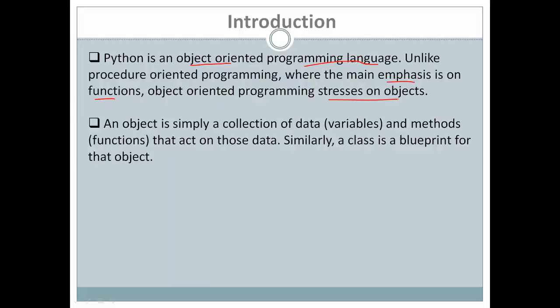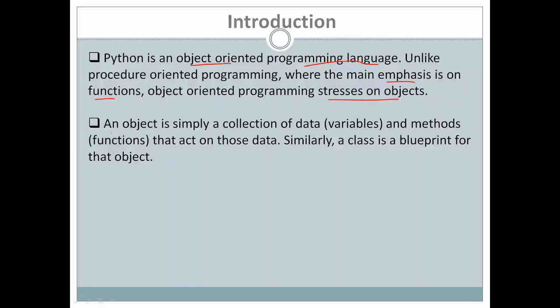You might have already studied other procedural oriented programming languages like C, C++, where the main emphasis is on functions, that is procedures. But in object oriented programming, the main emphasis is given to objects.